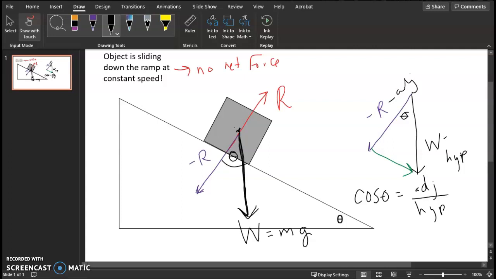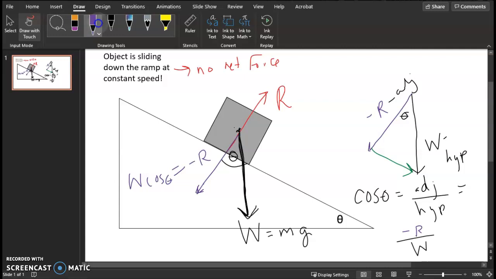The adjacent side is the negative r vector. And I will divide by the hypotenuse, by the weight. And so negative r equals W cosine theta. If I solve that, it's W cosine theta.